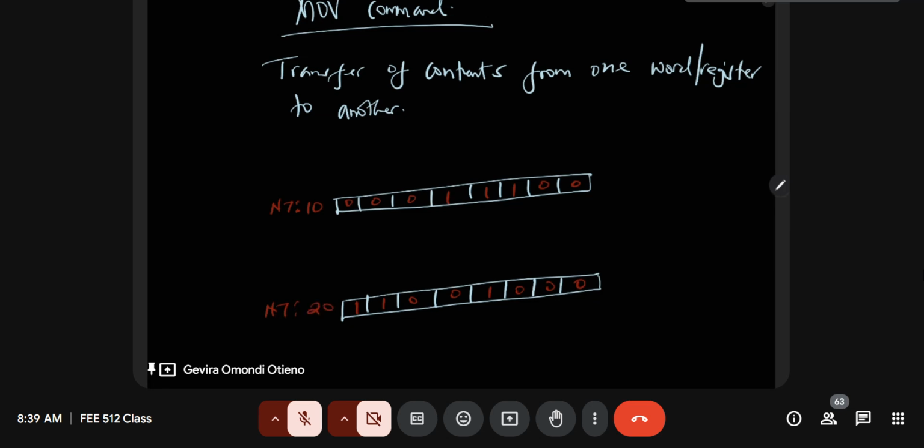So you have information in register N710 and other information in register N720. They're different types of information. So if you are asked to perform a move operation, you have to know what the source address is, and you have to know what the destination address is.